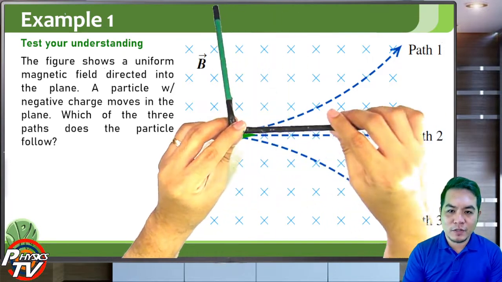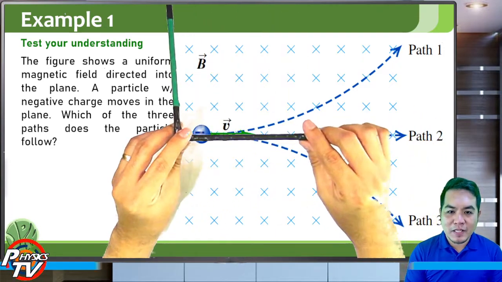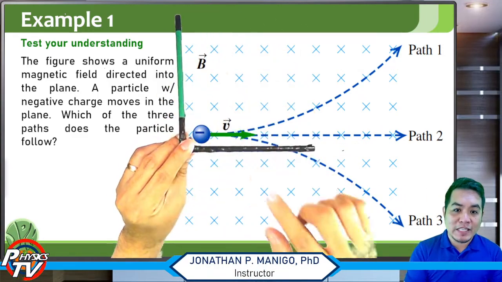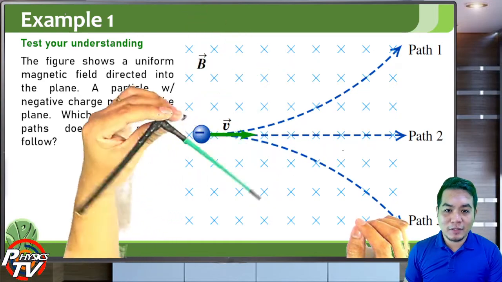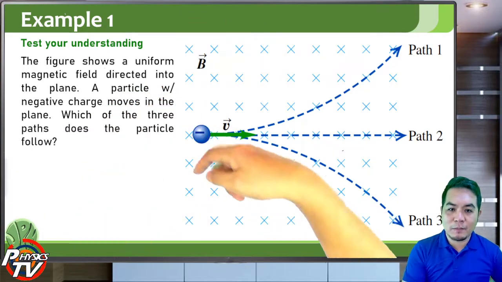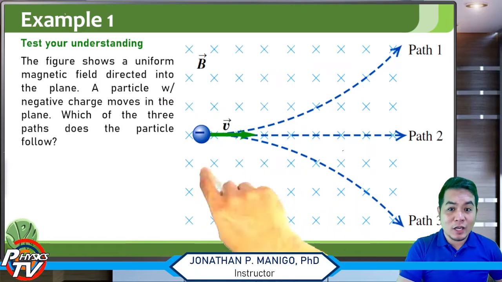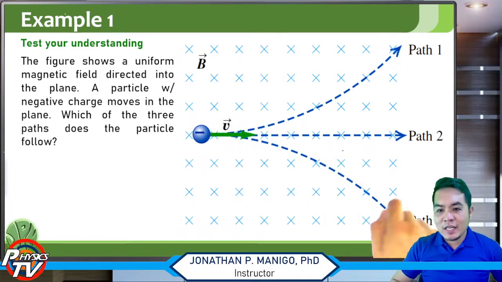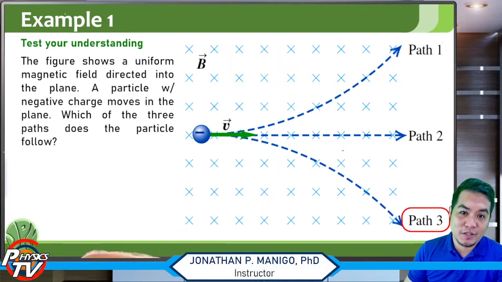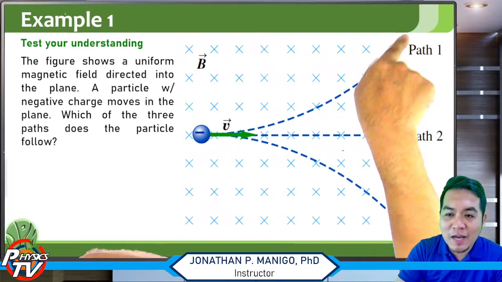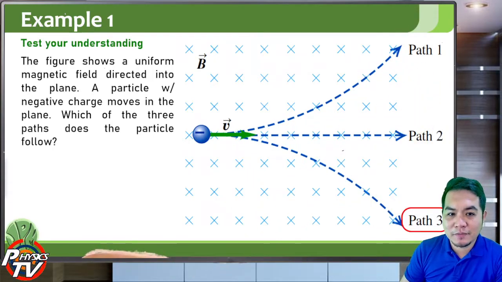If it's a positive charge, there's a force upward, but since it's a negative charge, the force is reversed. So the magnetic force in this case is downwards, meaning the charged particle will follow path number 3. If it's a positive charge, it will follow path number 1.